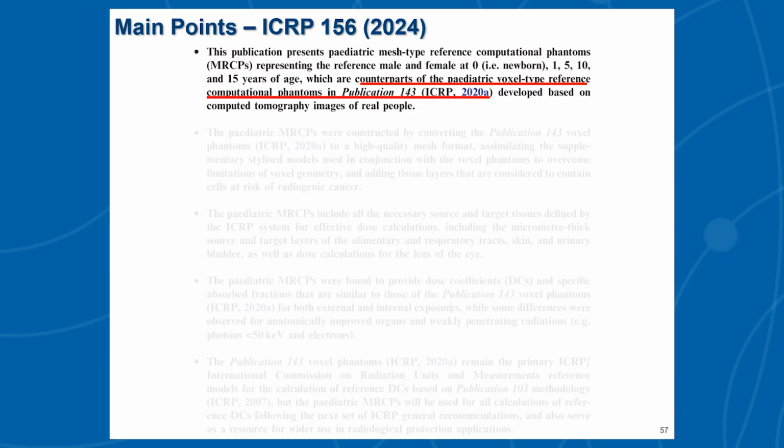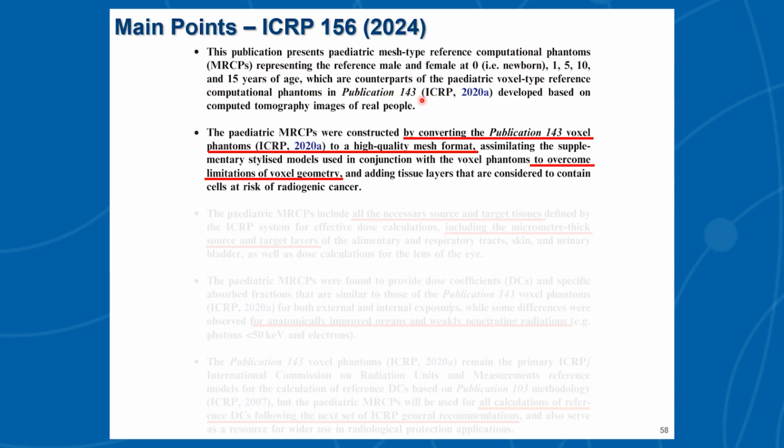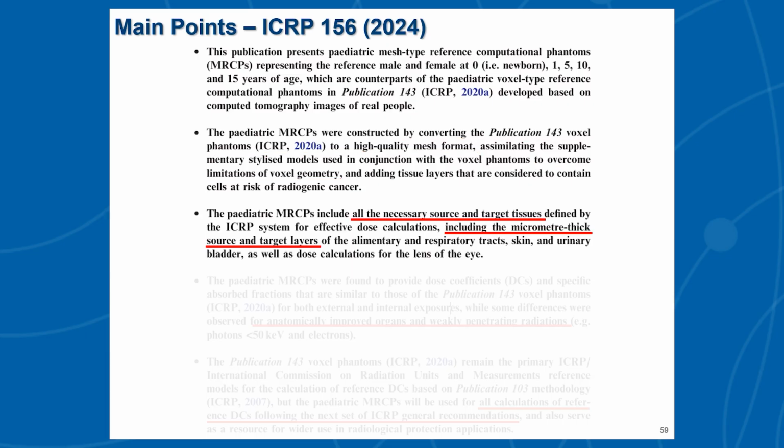The second: the pediatric mesh phantoms were constructed basically by converting the ICRP 143 voxel phantoms into the high quality mesh format, but overcome all the limitations of the voxel geometry. Third: the pediatric mesh phantoms include all the necessary source and target tissues defined by the ICRP dosimetry system, even including the micrometer-scale thickness source and target layers.